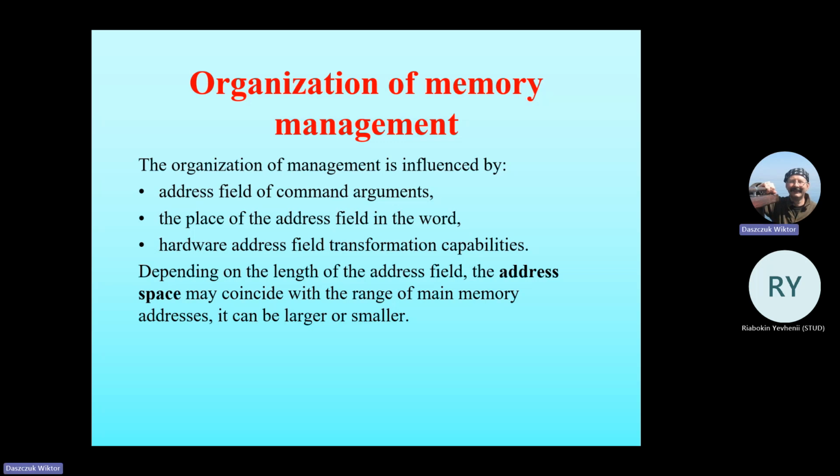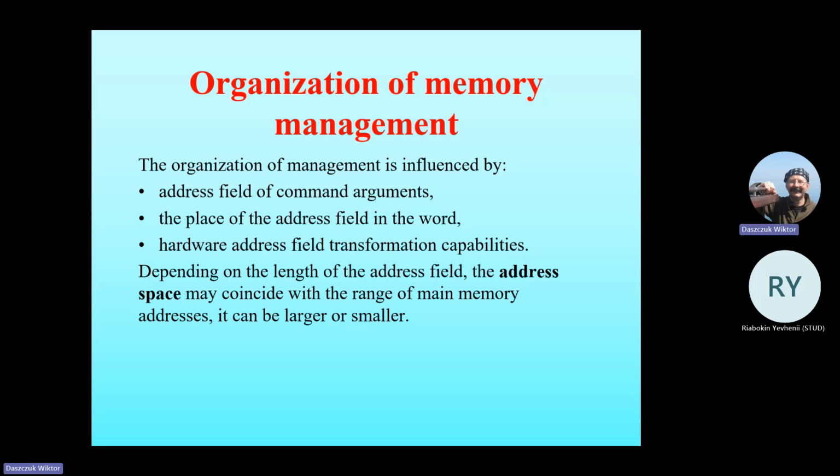And bus length is even wider. It can be 256 bits. Why? Because through the bus, we load the content of the cache. And it is important to fill cache with data very quickly.